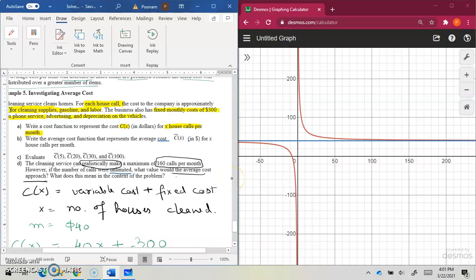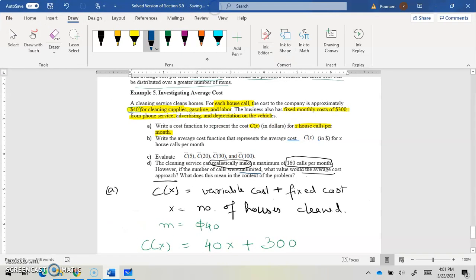That means the average cost will approach $40 as x approaches infinity. That is what it means in context: the final average cost will not go below $40. That is the lowest it is going.